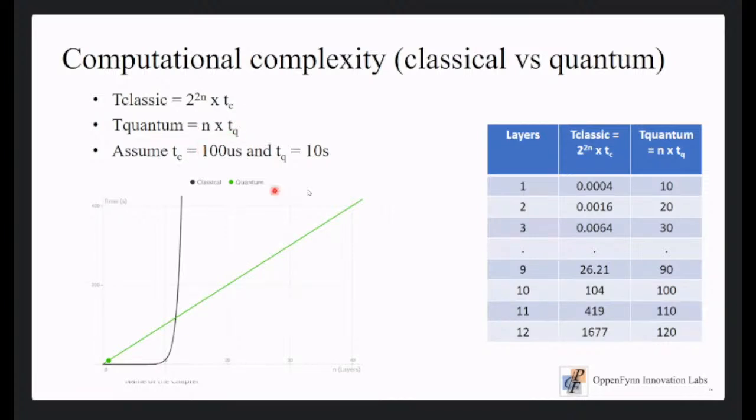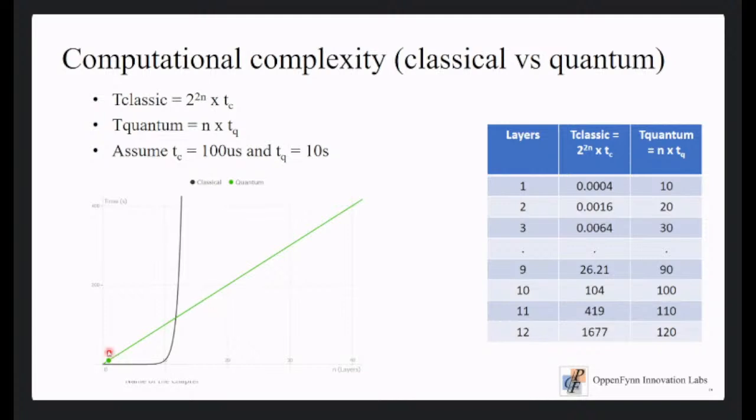So if we put in some numbers and generously assume that each computation, the classical way, takes only 100 microseconds, and even if the detector takes 10 seconds to detect a photon, you will see that very quickly the classical way of doing things is much slower than the quantum way of doing things.